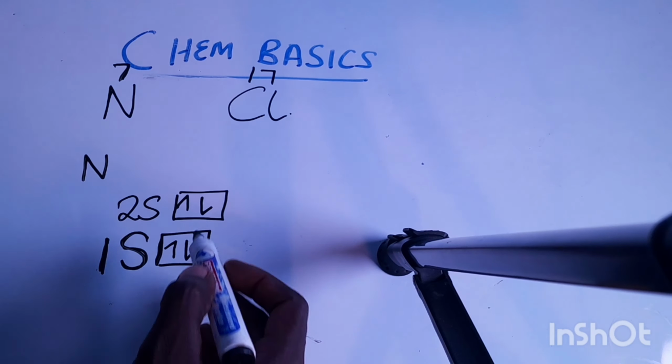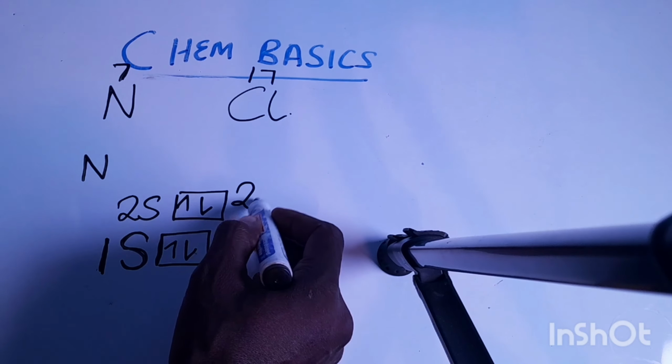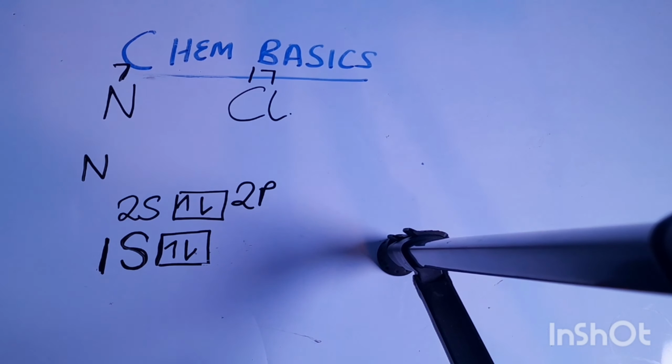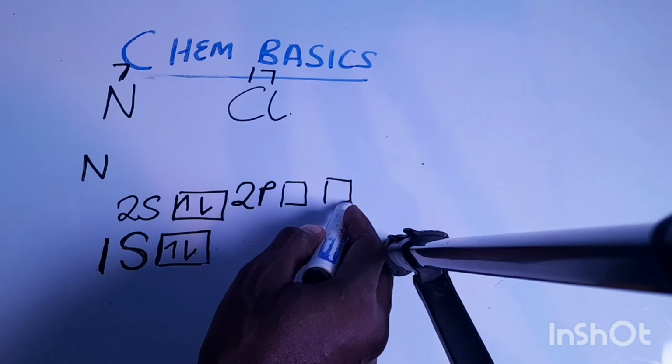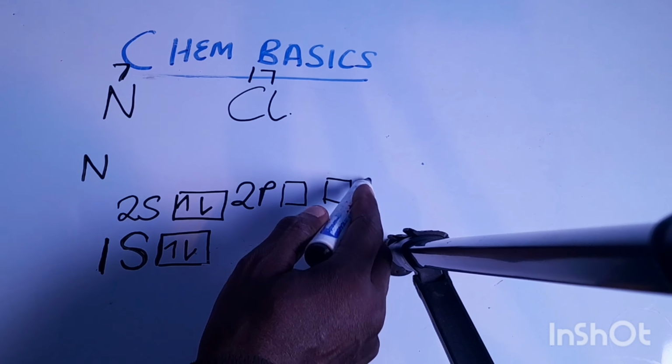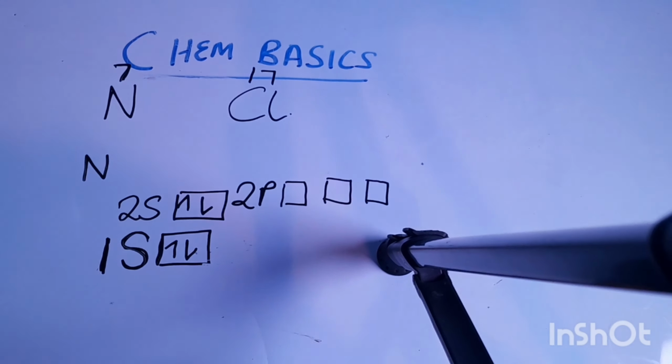Now we go to the 2p orbital, which is filled by 6 electrons. There are 3 p orbitals that can be filled: the first, the second, and the third. When we fill them, we fill them one by one.